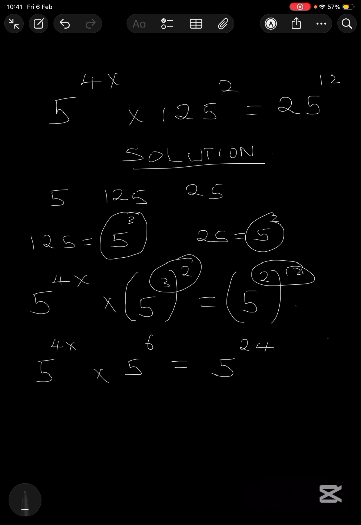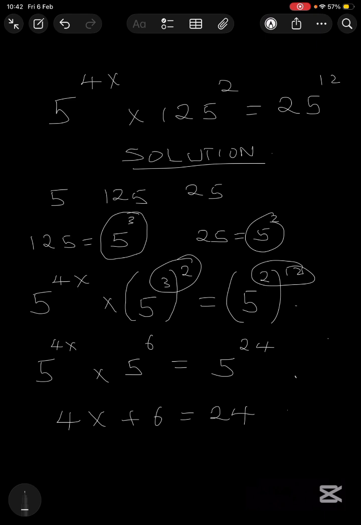After making the base the same, we now focus on the powers. So the powers that we have are 4x, 6, and 24. Law of indices, multiplication is the same as addition. So it is 4x plus 6 is equal to 24.